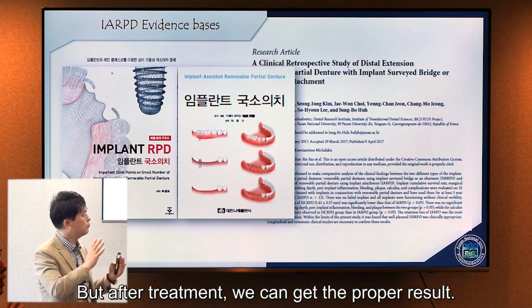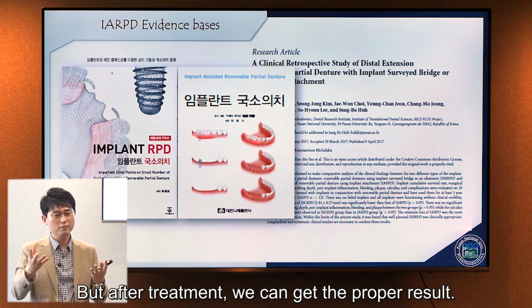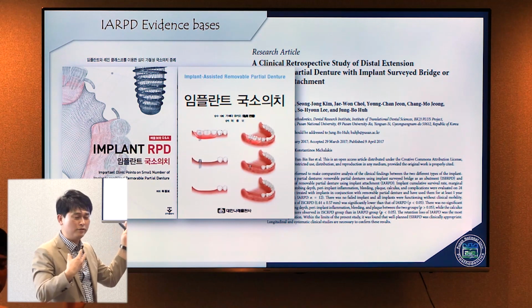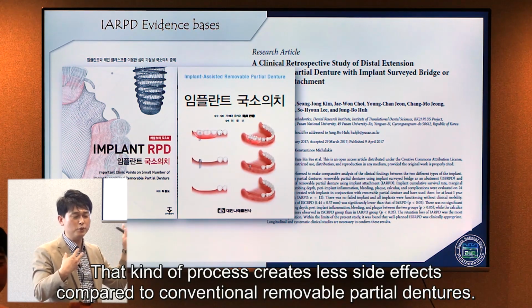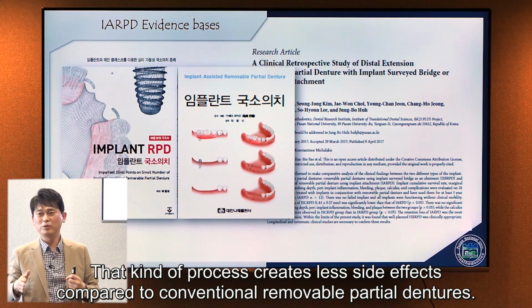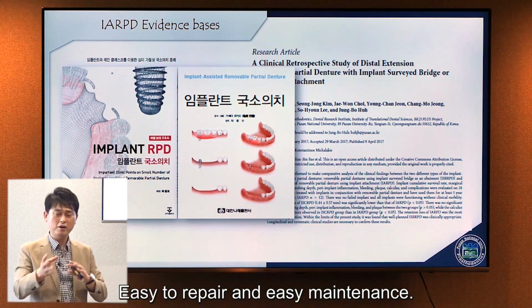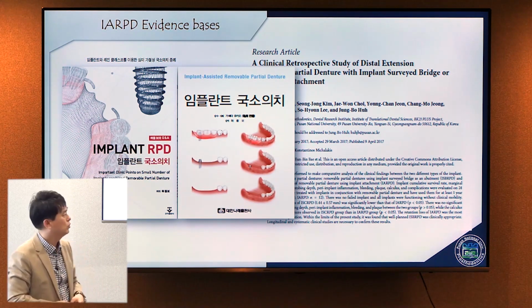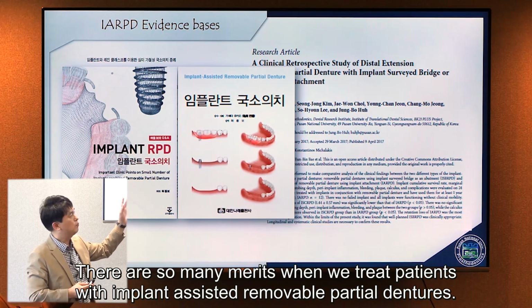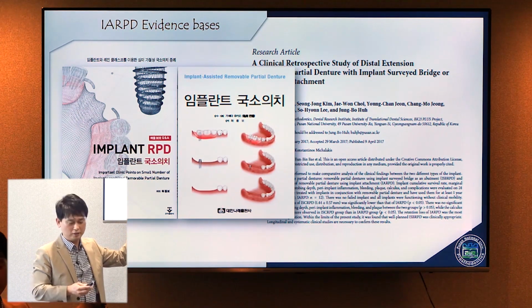After treatment, we can get a proper result. And this kind of prosthesis has fewer side effects than the conventional removable partial denture. Easy repair, easy maintenance. There are so many merits when we treat with an implant assisted removable partial denture.